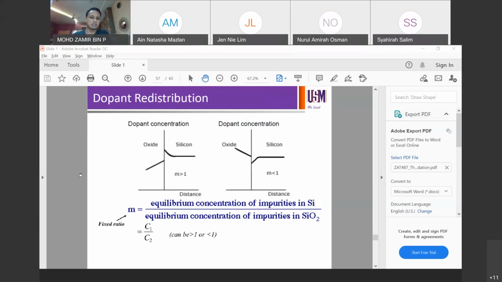If you look at this slide, the dopant redistribution slide, dopant redistribution can be calculated by the equation below.